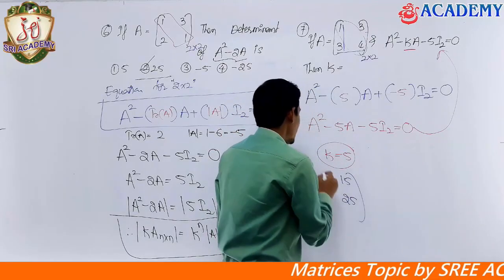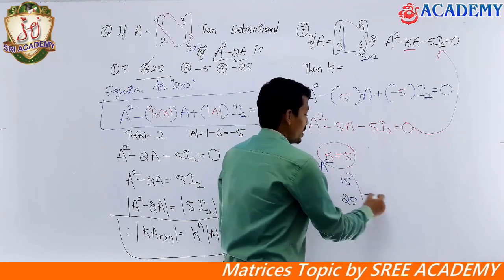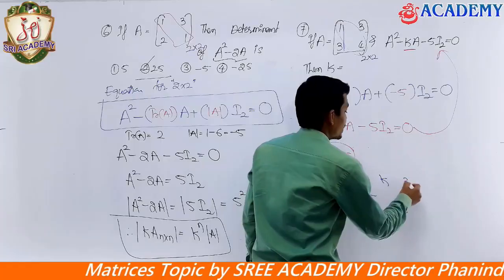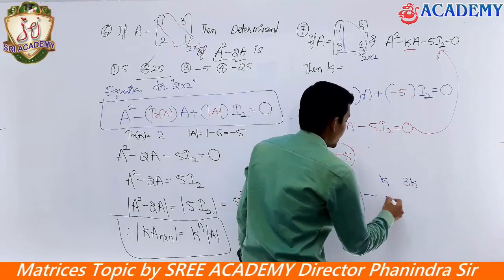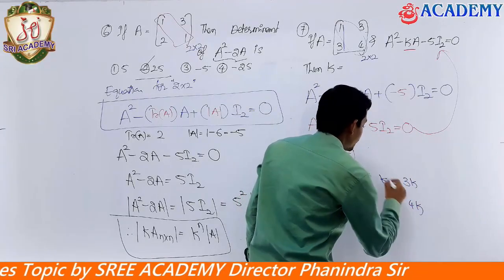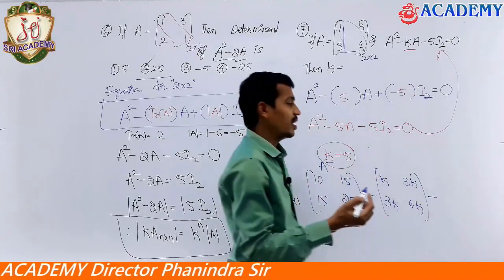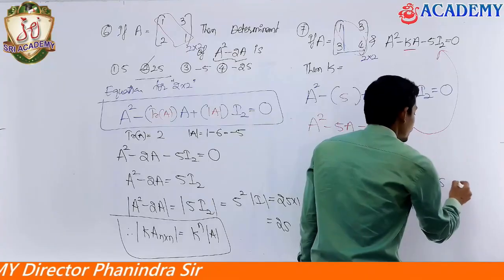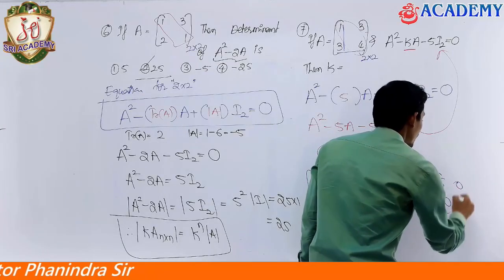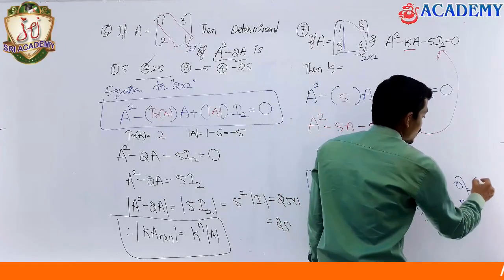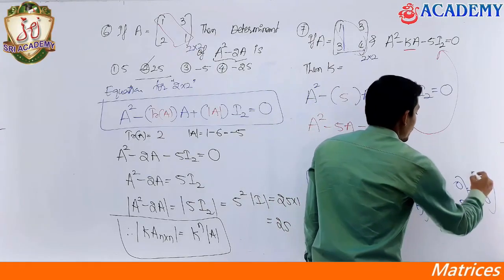Here this is A square minus kA, where kA is k, 3k, 3k, 4k, minus 5I of order 2, that is 5 0 0 5, equal to the null matrix, which is simply 0 0 0 0.